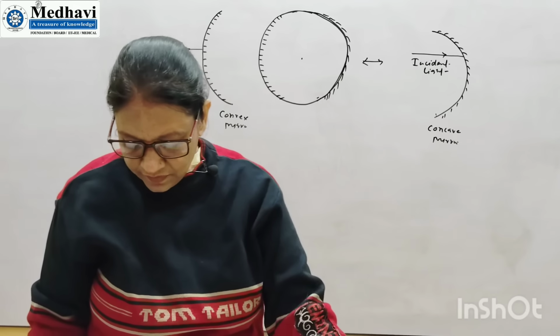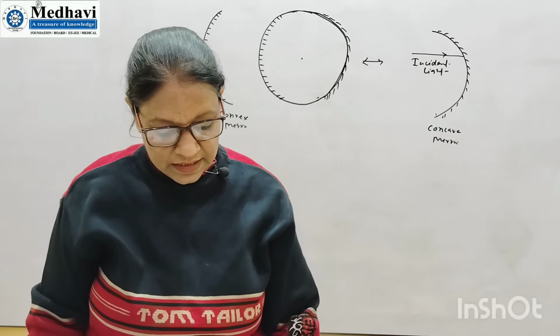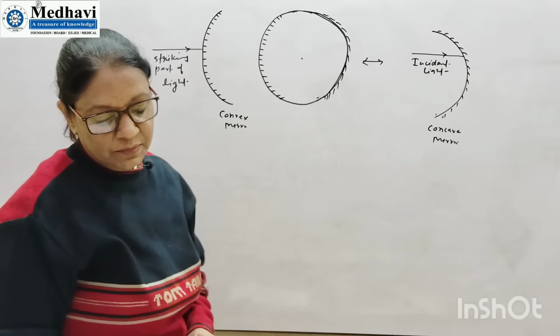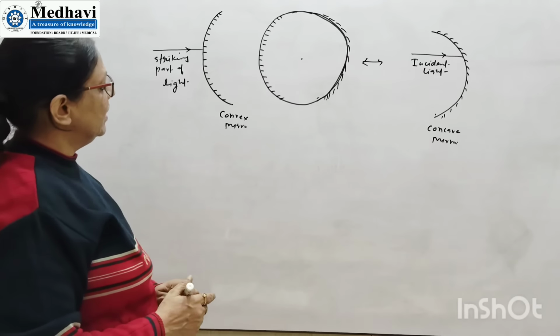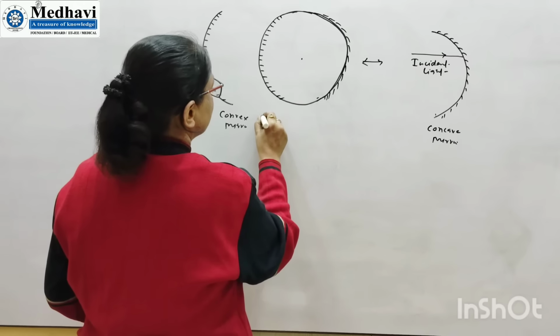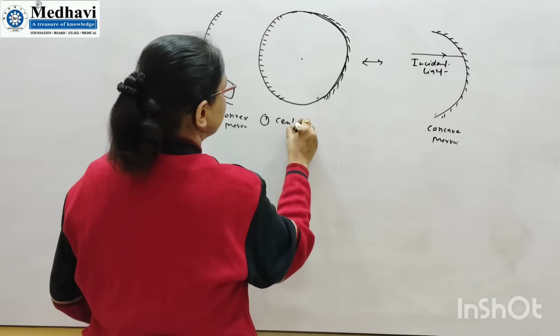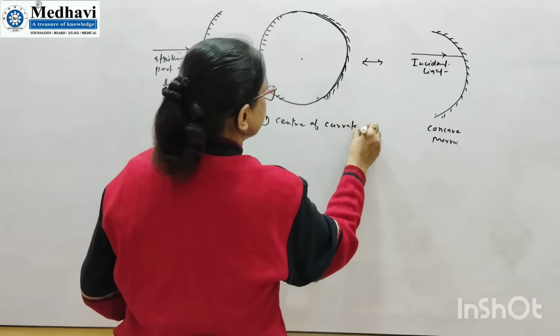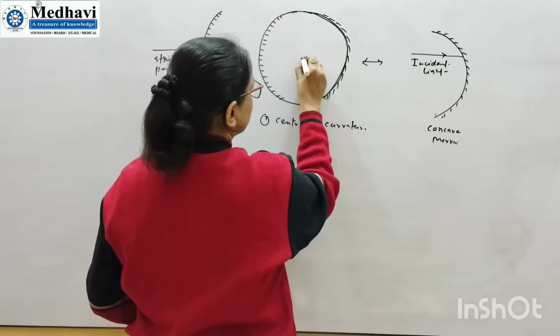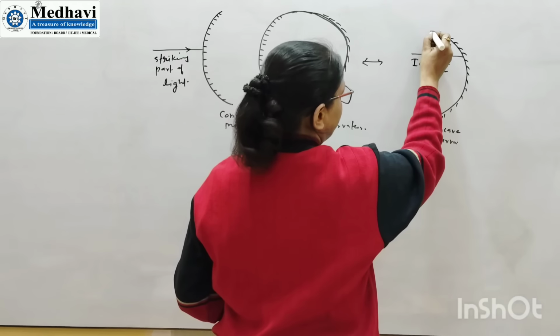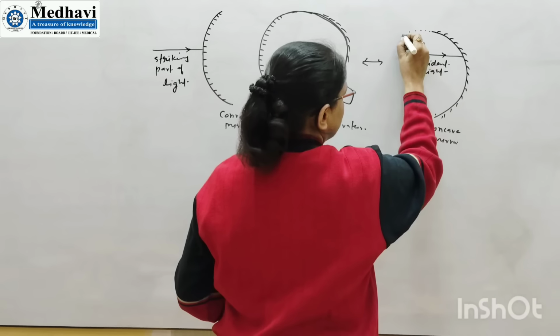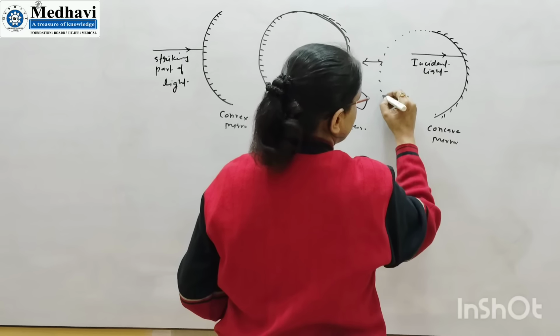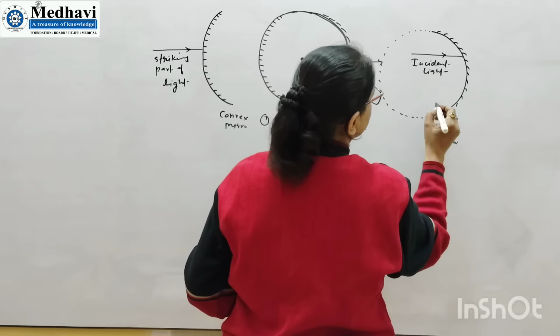Now the first information we have to focus on is the center of curvature. The center of curvature is the center of the sphere of which the mirror is a part.